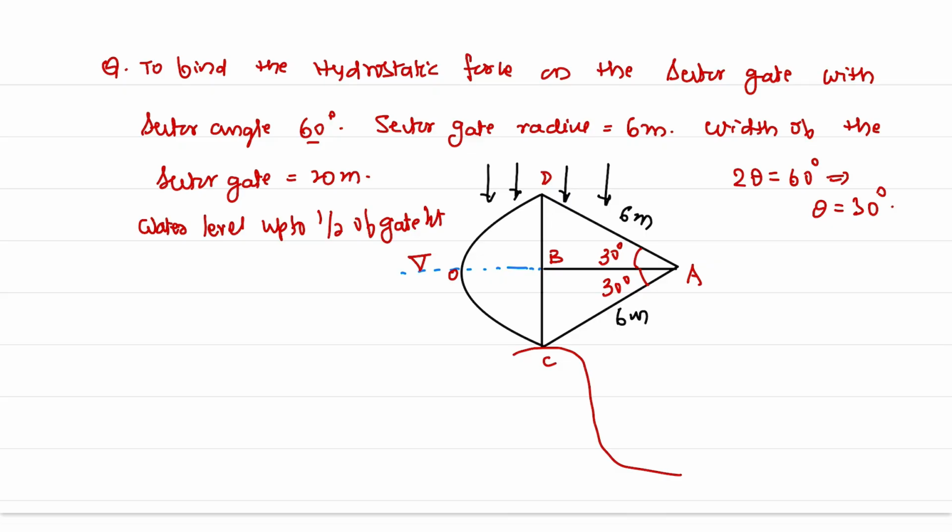Vertical force will be equal to the weight of the water in the shaded area. What is the shaded area? Because water is here, vertical force acts like this. That means the force acts on OBC.